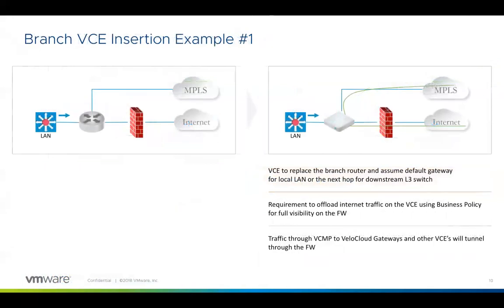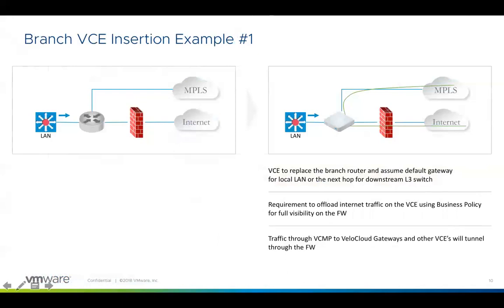Okay, just to walk through a few examples. On the left here is a typical branch with the LAN, a router that also routes towards MPLS, and then also it's behind a firewall. So if you replace the branch router with the VeloCloud edge behind the firewall, then the tunnel towards the internet side will be established through the firewall.